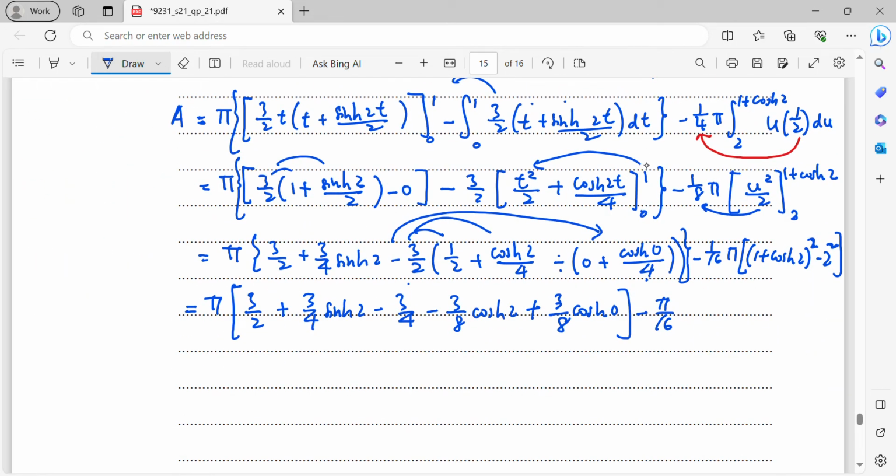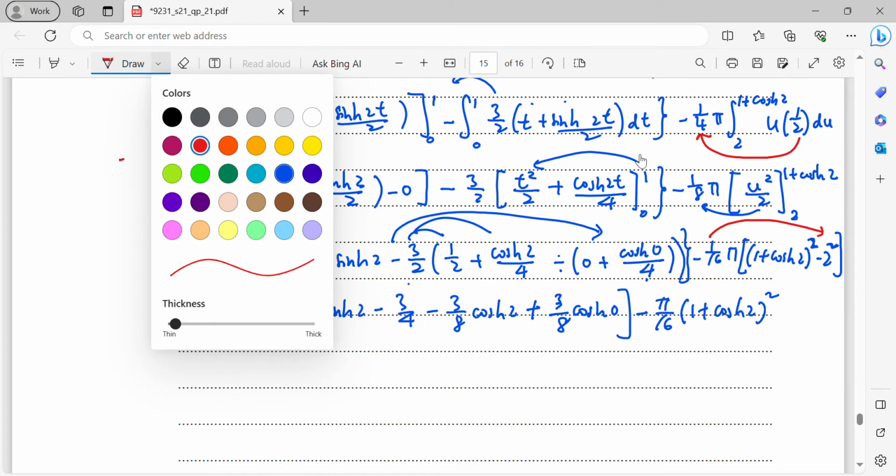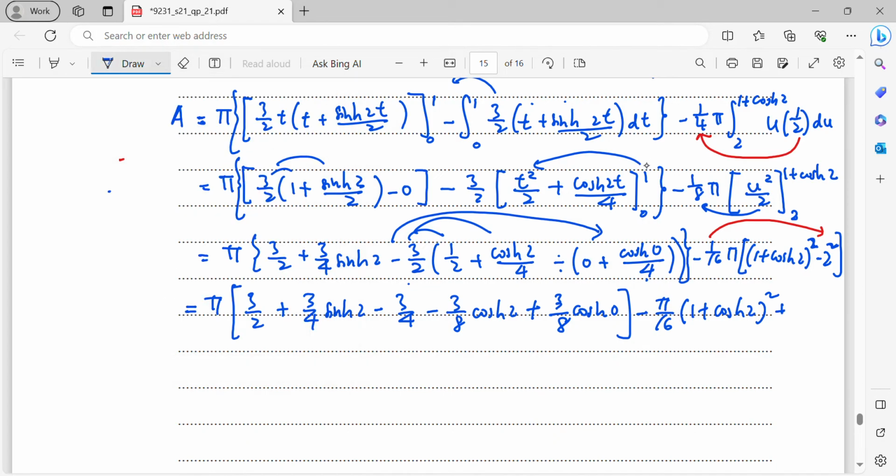So I don't want to expand this. I just keep it in this form. So it will be 1 plus cos 2 squared, and then this negative 1 over 16 pi times the negative 4. Minus 2 squared means minus 4. So minus minus is a plus. Therefore, you will get plus 4 over 16 pi, which is pi over 4.